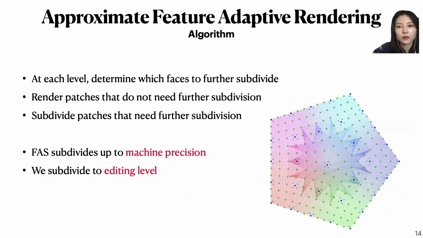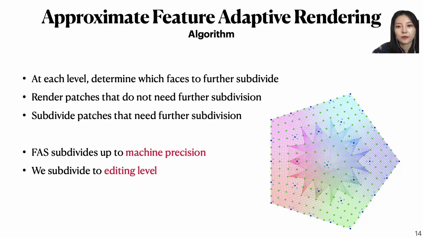So here's a summary of our algorithm. It's inspired by FES, but it has differences with FES, or you can see improvements over FES. Similar to FES, at each level, we determine which faces to further subdivide. Faces that do not require further subdivision are rendered using bicubic patches or Gregory patches at their terminating subdivision level.